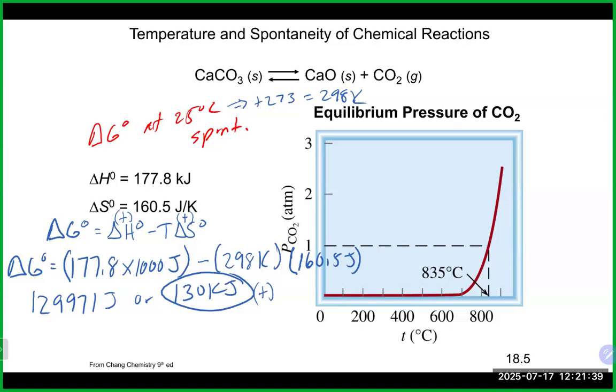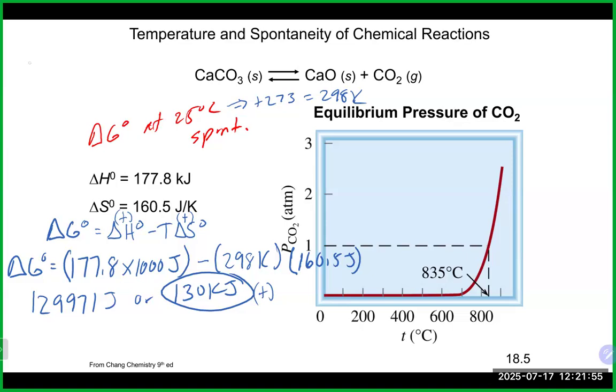Could we actually figure out when this reaction would become spontaneous? The answer is we could use the same formula to figure that out.